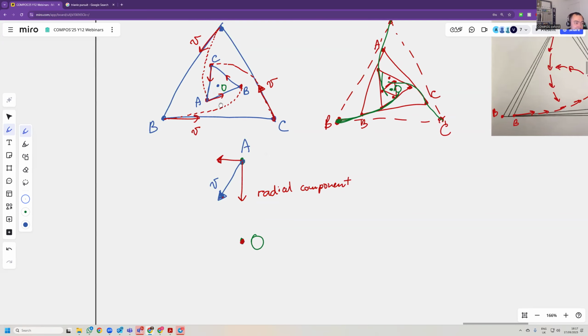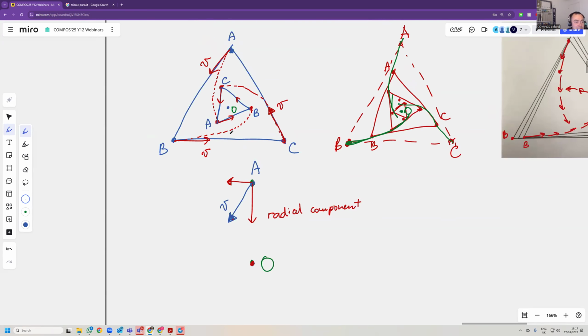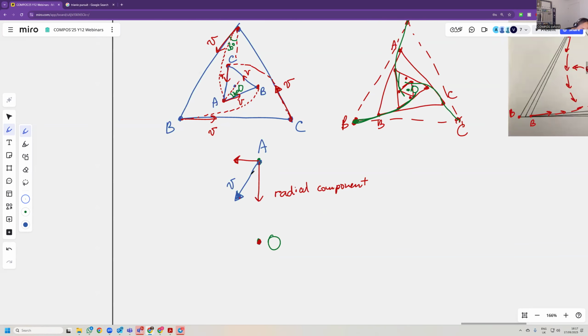And because point A will always be at the vertex of a triangle, or just of a new triangle, and the velocity is the same, v, v, and v, you can see that the velocity vector will always make the same angle towards the center. It's a 30-degree angle, and here it's a 30-degree angle. So this angle is constant and it's 30 degrees.